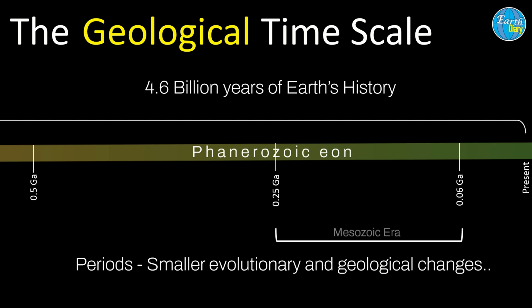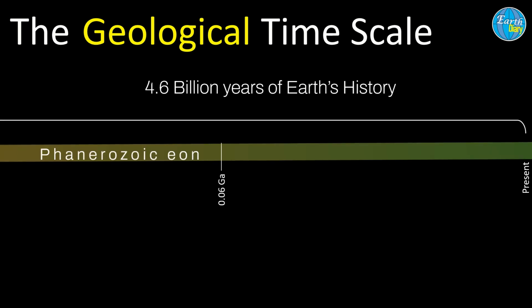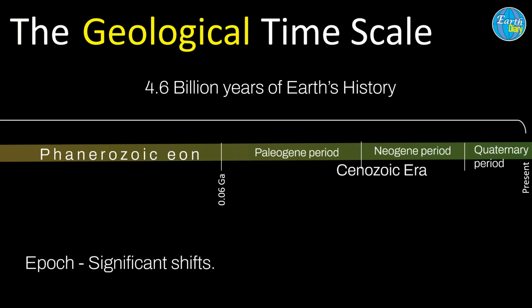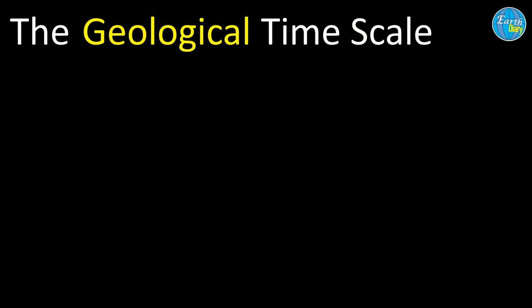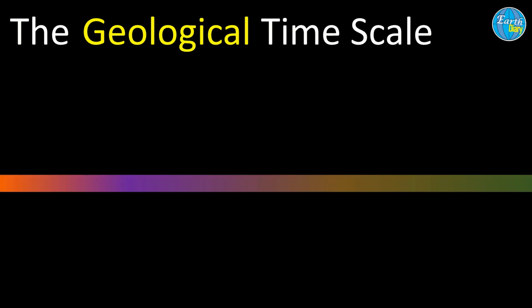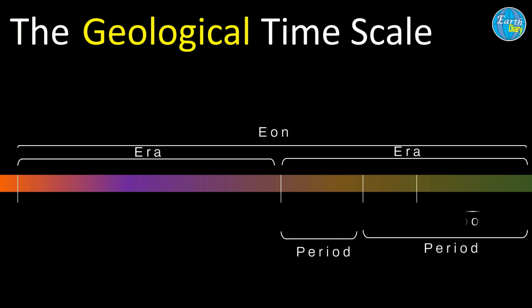For example, the Mesozoic era is divided into Triassic, Jurassic and Cretaceous. And finally, each period is divided into even smaller units called epochs. For instance, the Cenozoic contains several epochs that divide recent Earth history into much finer detail. So, the geological time scale is organized like this: eon, era, period, epoch. From the biggest divisions of time to the smallest.